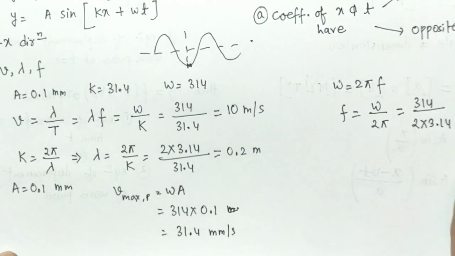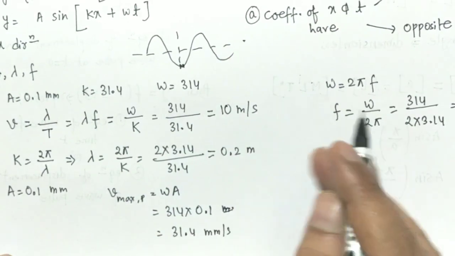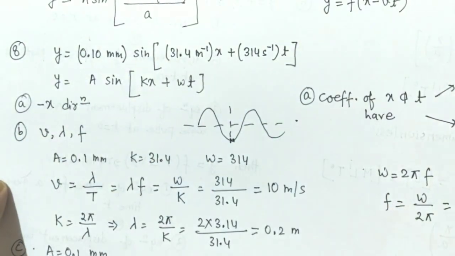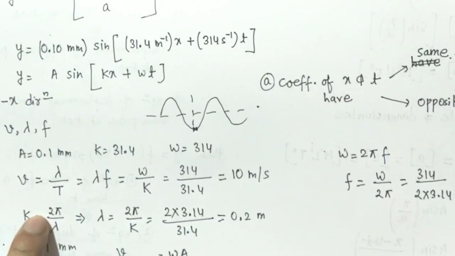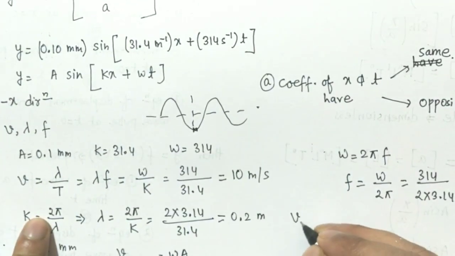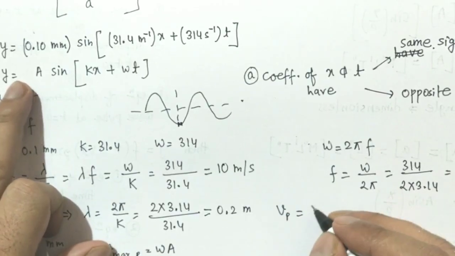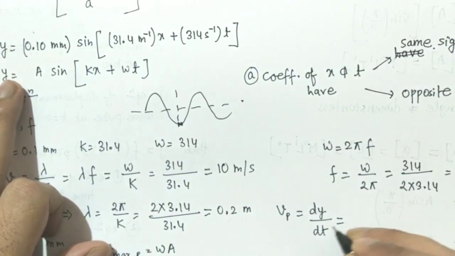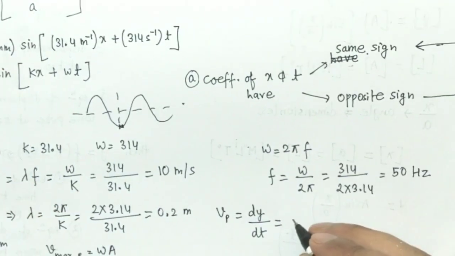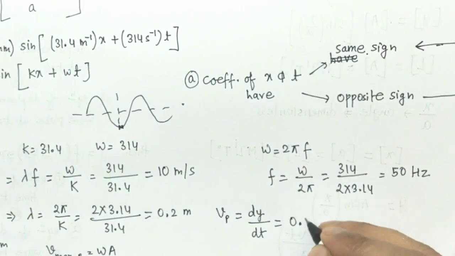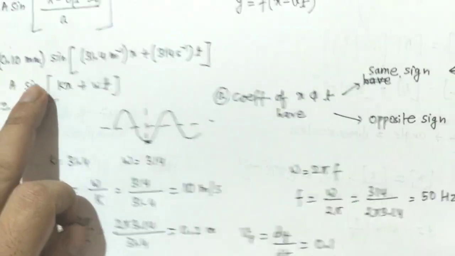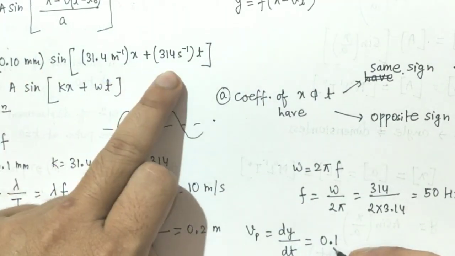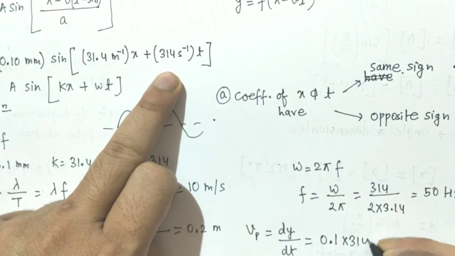And there is one more method to find Vmax. This is the displacement equation given, and we know how we get the velocity of a particle from the displacement equation: we differentiate the displacement equation with respect to time. If we differentiate this, it comes out 0.1, multiplied by the coefficient of time, 314.